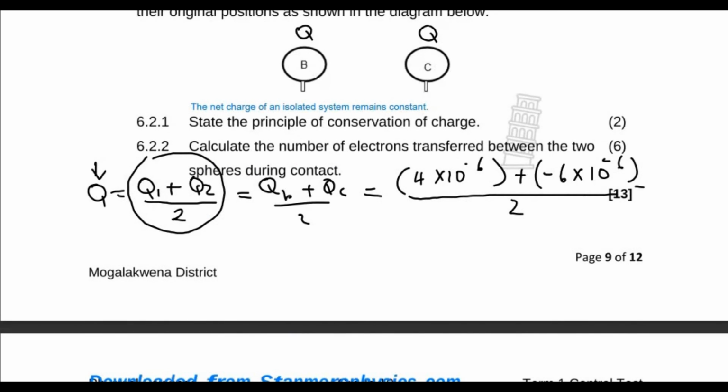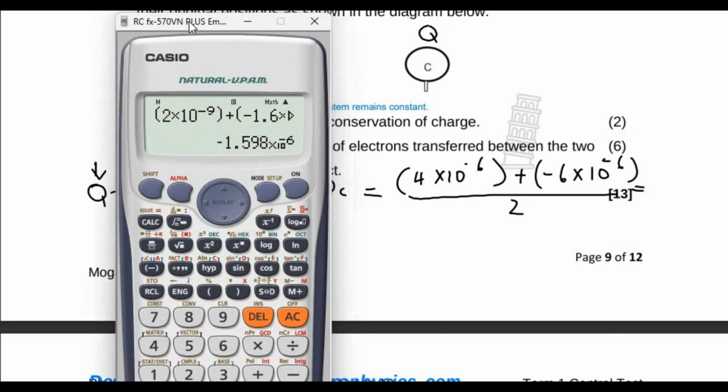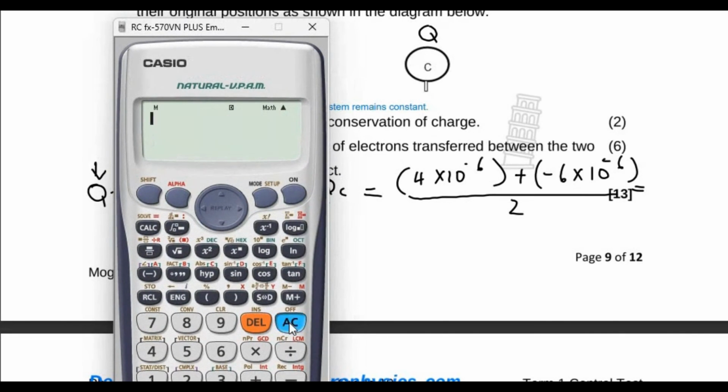And we need to find the new value. Brackets are your best friend. Always put those brackets in. They help keep track. 4 multiplied by 10 raised to the power of minus 6 plus minus 6 multiplied by 10 raised to the power of minus 6, all divided by 2.